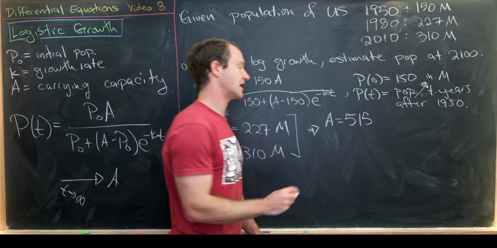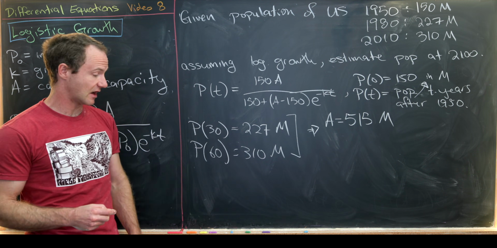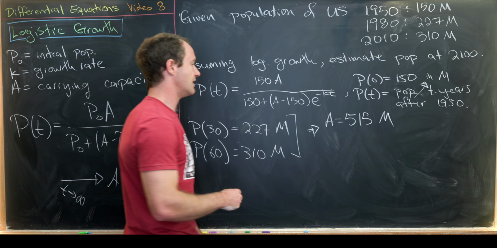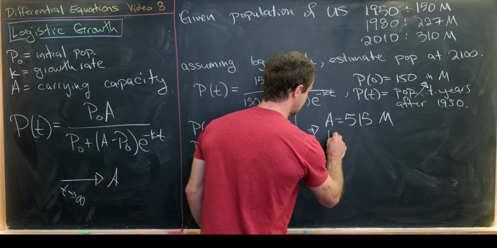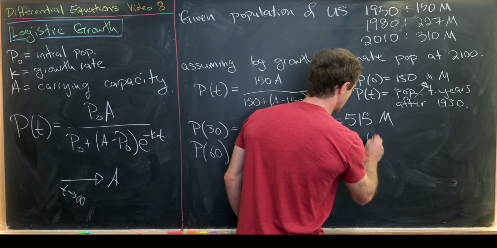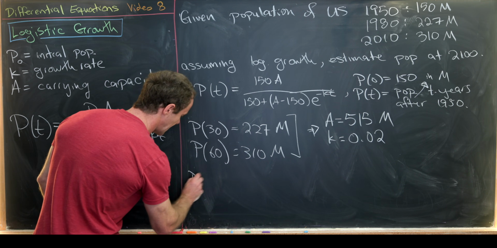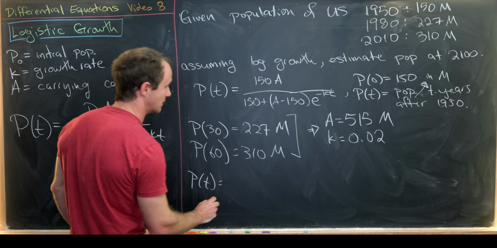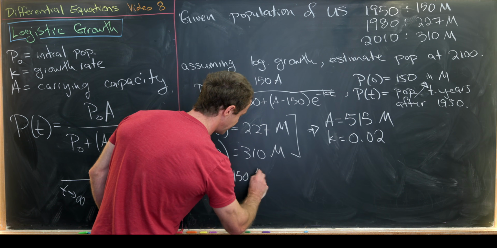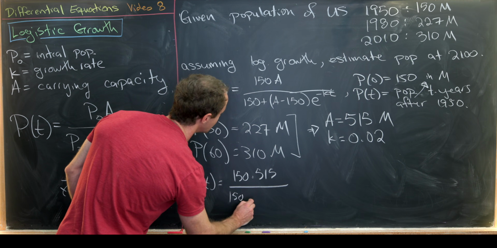Recall that A was the carrying capacity, so that tells us that this predicts the carrying capacity of the United States to be 515 million. And then we'll have k is equal to 0.02.